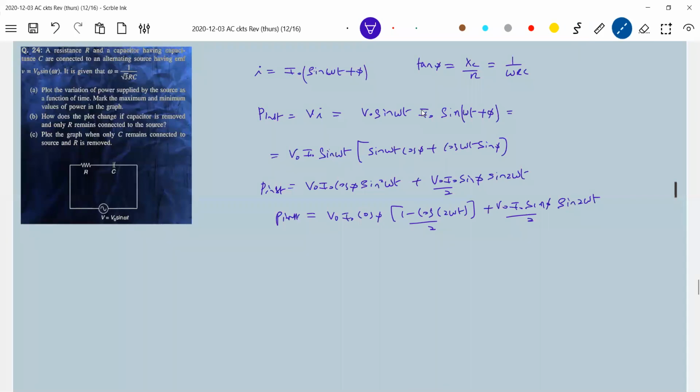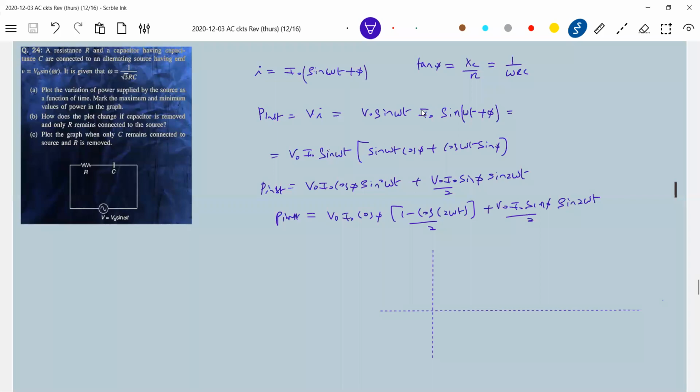Yeah. Okay, sinusoidal means then very easy. Negative half cycle will be there.